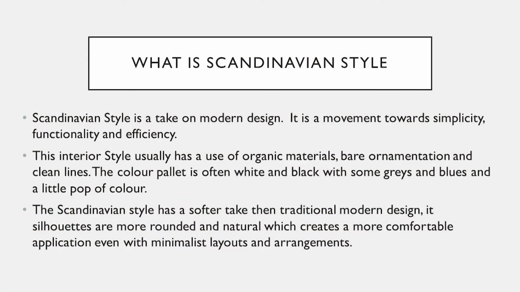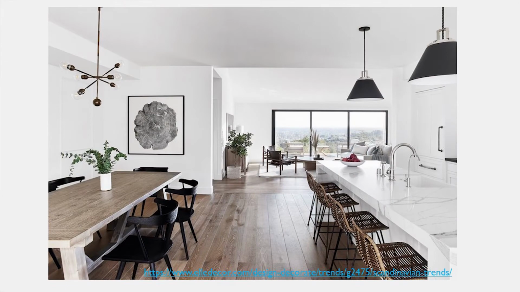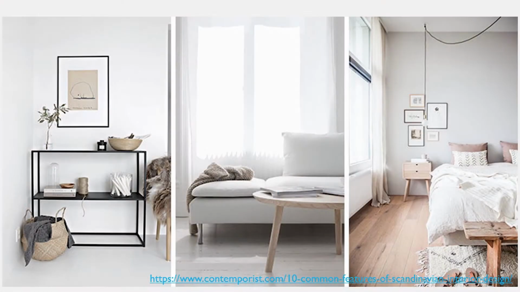First, I want to start with what is Scandinavian style. So the Scandinavian style is really a modern style movement. The goal of the style is to go towards simplicity, functionality, and efficiency. One of the key elements of the Scandinavian style is to have a very simple, clean line style with organic materials and bare ornamentation.